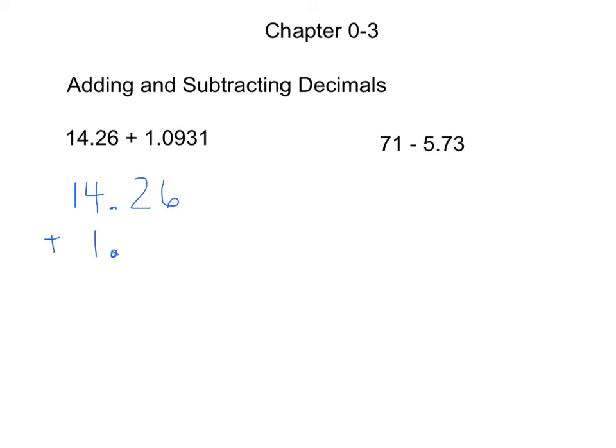They're right on top of each other. 0.0931. And then remember, we're going to start adding from the right-hand side. So we're going to start adding over here. And then since there's nothing to add to my 1, I can add in these zeros if it helps me. And then I'm just going to add normally.